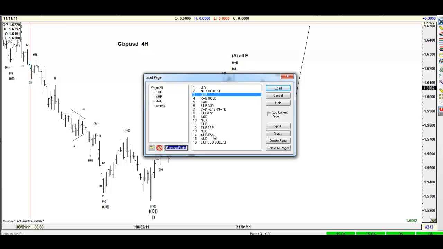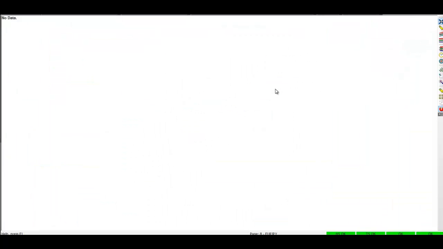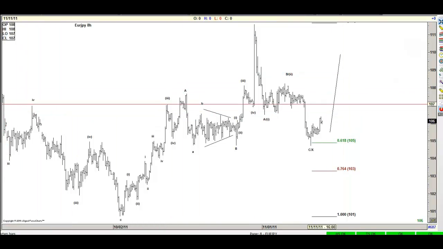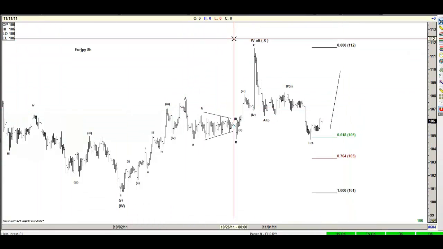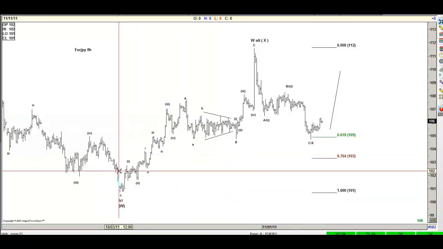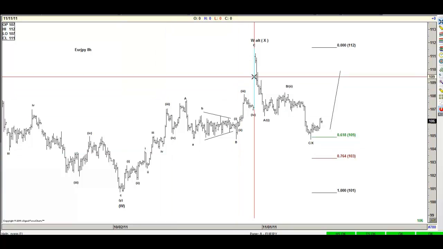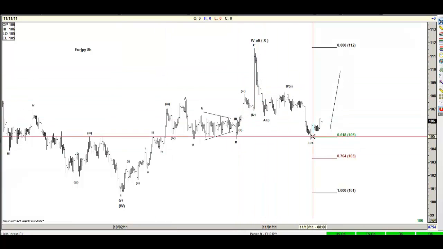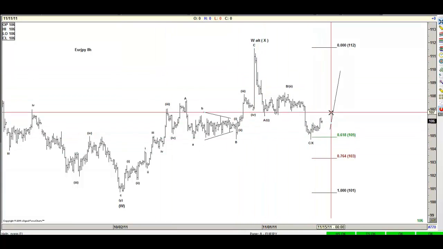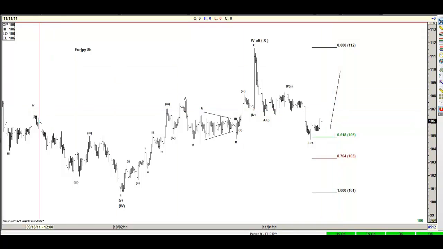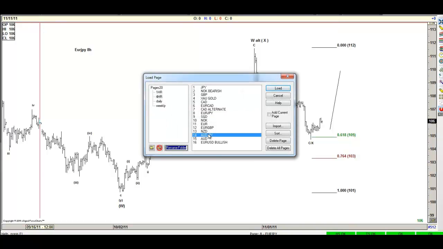Now, let me show you the yen pairs. Look at the euro yen. The euro yen looks bullish in my view. You have a cycle from October the 2nd, which is the second cycle in importance, right here, and it looks corrected to the 618. This one is proposing the idea of a bullish euro. The same with the Aussie yen. It looks exactly the same.